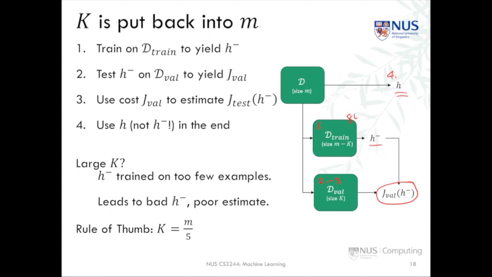This means our training data set will be 80% of the data, and our validation data set will be about 20%. And note, this is after we have split it into training and a test set, which we cannot see at all.